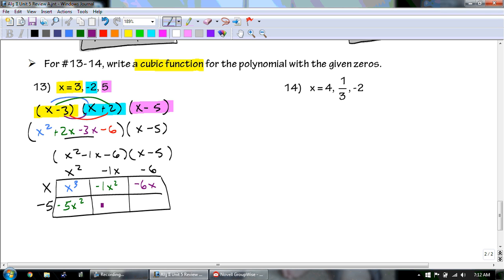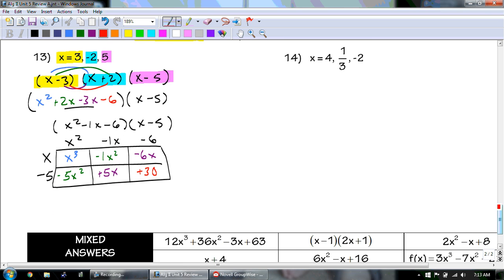Negative times a negative, so that's a +5x. And then -5 times -6 is a +30. So when we combine all of our like terms, we have to label it. So we're going to call it f of x equals x cubed minus 6x squared minus x plus 30.